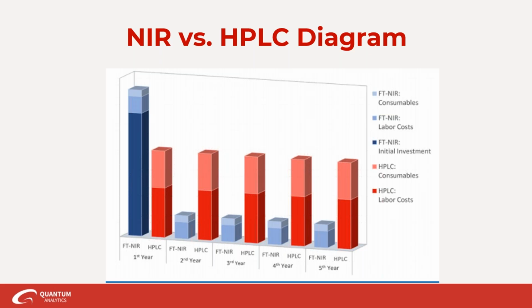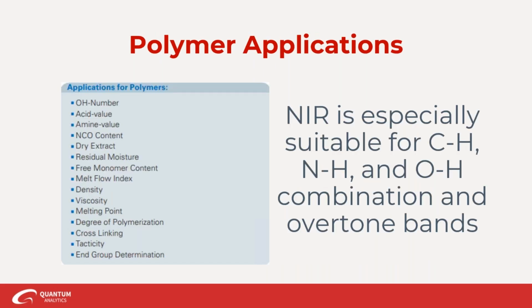And again, you have the advantages I've already discussed: being fast, you can do it online, no sample prep, no chemicals involved. So the advantages of near-infrared over some traditional techniques are pretty vast, including the cost savings. Now let's take a look at some different polymer applications.